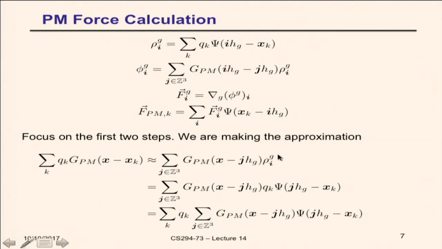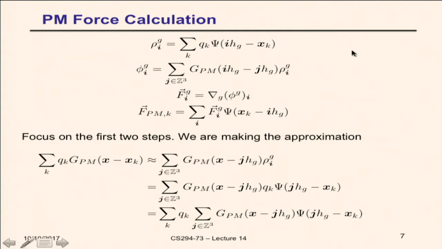When I put in the definition for this, which is a sum over k, which is this thing up here, what I get at the bottom is sum over k, q sub k, sum over j, gpm of x minus jhg times psi of jhg minus xk.